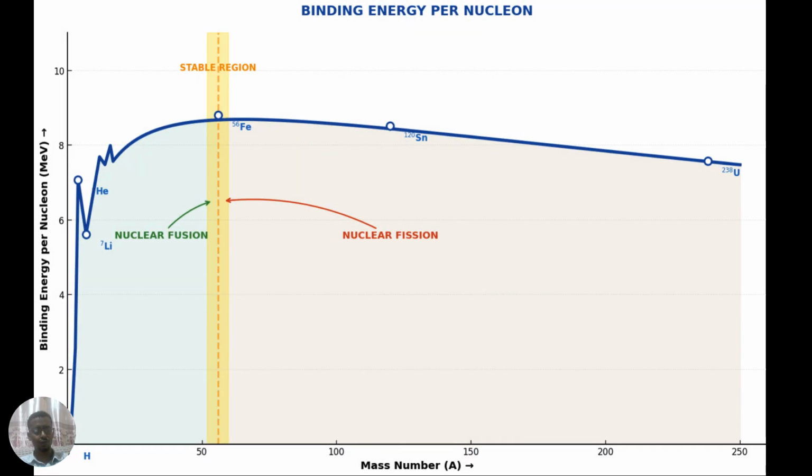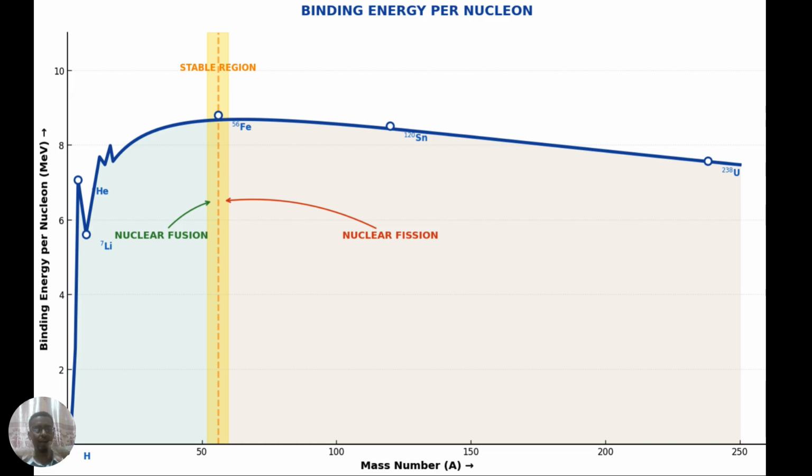Now, when we look at the binding energy per nucleon curve, as you have seen from the graph, for smaller mass numbers like hydrogen and helium, the binding energy per nucleon increases with mass number.